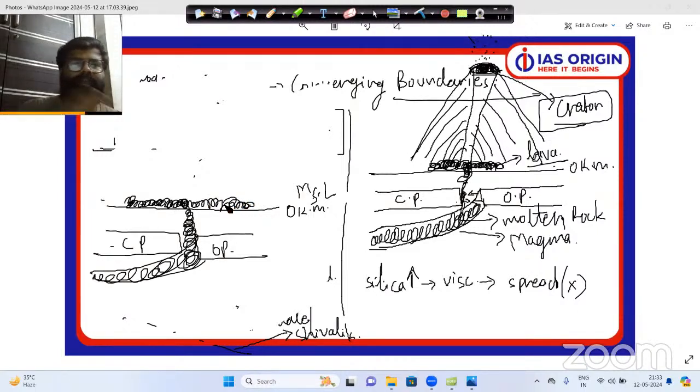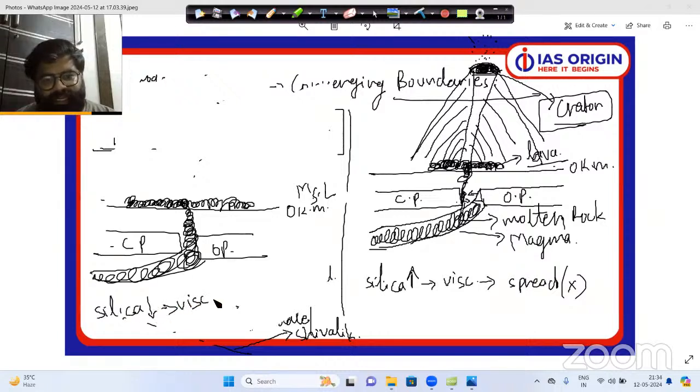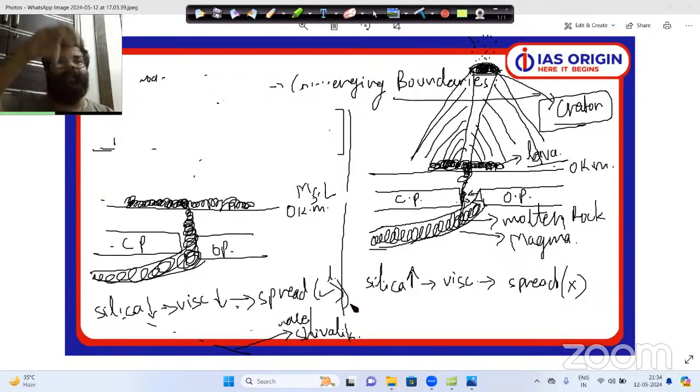Now let us do one thing. Let us flip the situation. In the volcanic mountain scenario, we saw that the quantity of silica is very high. So let us say that in the lava the quantity of silica is very, very low, so the viscosity of that particular lava will also be very, very low. That means this lava will spread a lot. It will not be deposited at one point.